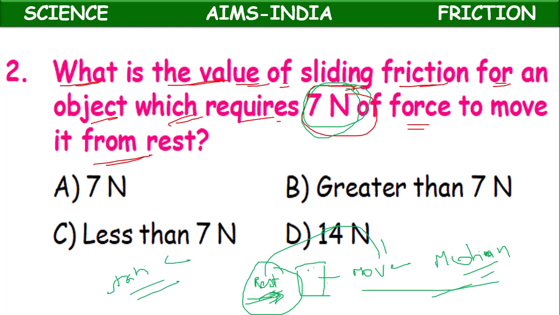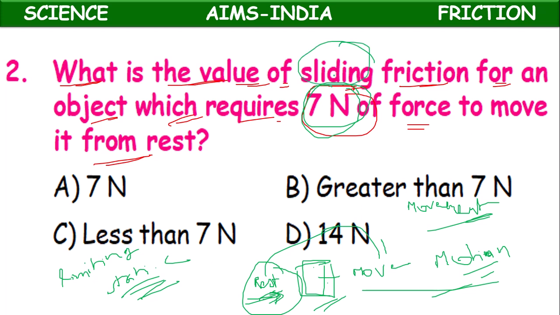Once the maximum static friction, also called limiting friction, is reached, the block will start moving. When the body is in movement, we come across sliding friction.